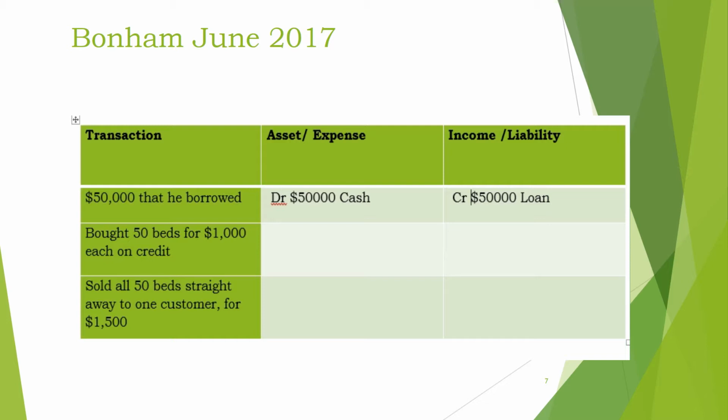Then he purchased 50 beds for 1,000 each on credit. So we will debit purchases 50,000. Please, just in terms of notation, can you learn that when we purchase goods, we don't debit stock, we debit purchases. Stock, or inventory, will be something that we'll deal with later.